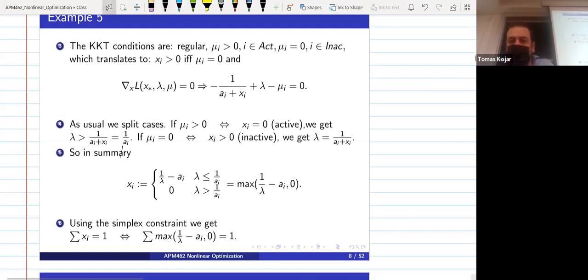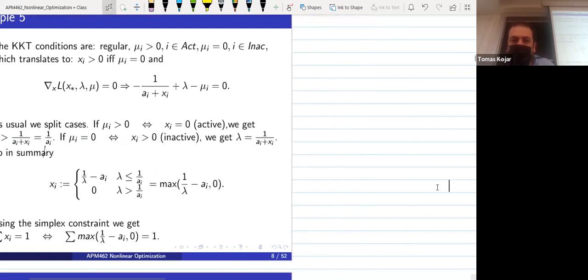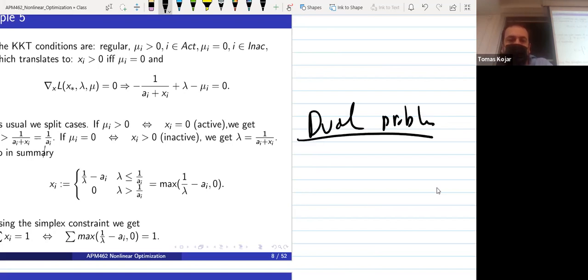Right, I should give you the dual problem. The dual problem would be: take the maximum over lambda and mu, and plug into L the minimizer x star.